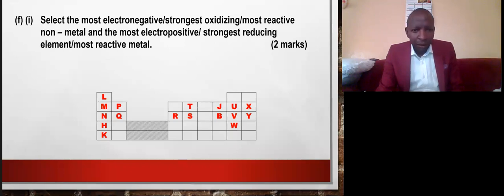When we're looking at the most electronegative or the strongest oxidizing agent, we are looking for the element that has the highest tendency to gain electrons. The strongest reducing agent, rather the most electropositive, you're looking for the element that has the highest tendency to do what?